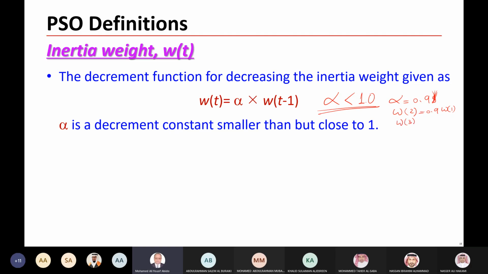And W of iteration 3 equals 0.9 times W of iteration 2, which becomes 0.81. If you set W at iteration 1 as 1, you get 0.9, 0.81, 0.72, and so on. So omega is decreasing as such. This function can be used to update the inertia from one iteration to another. t is the iteration number.